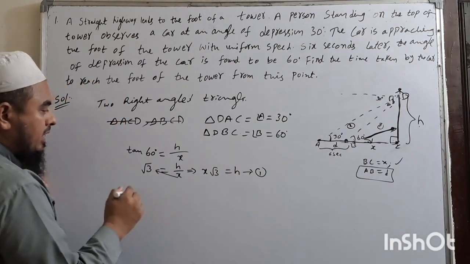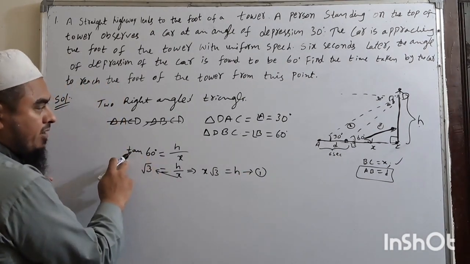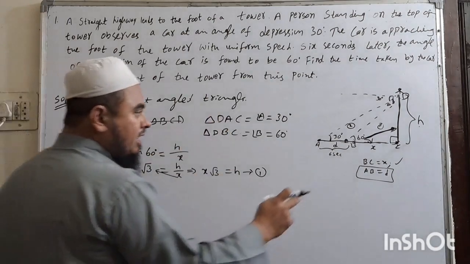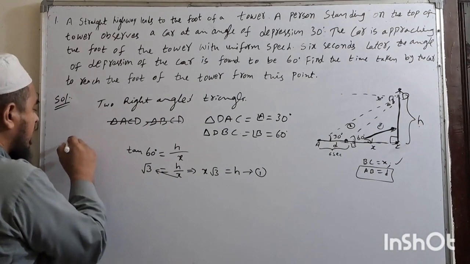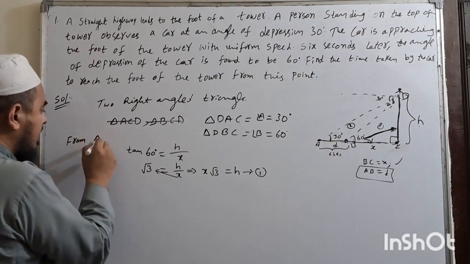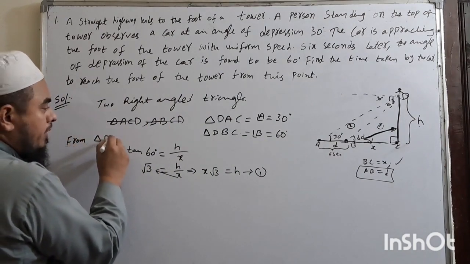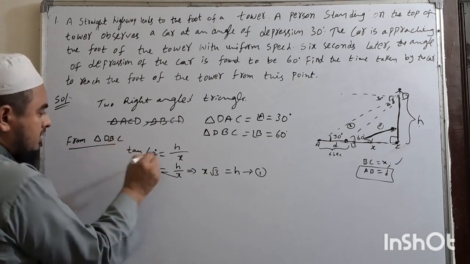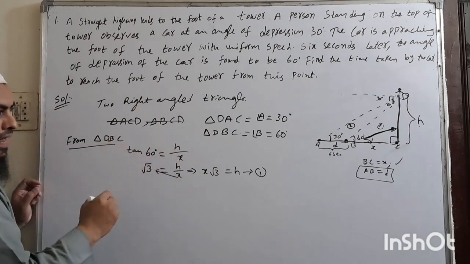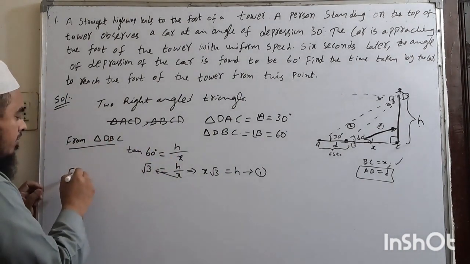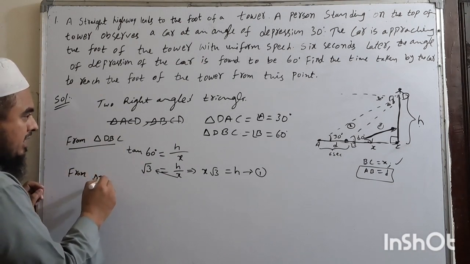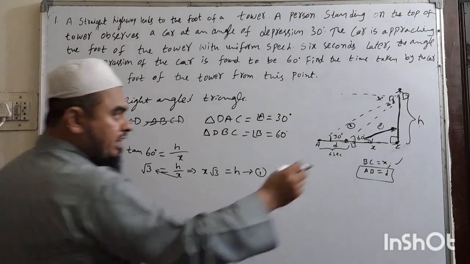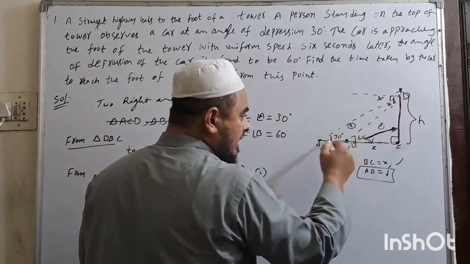Now, this tan 60 we got from which triangle? From triangle DBC we got tan 60. Another triangle here is DAC.